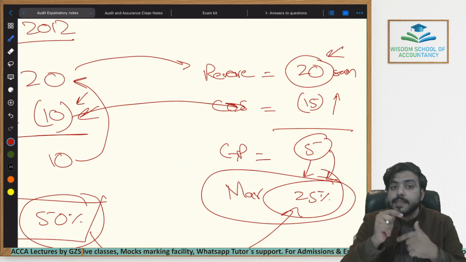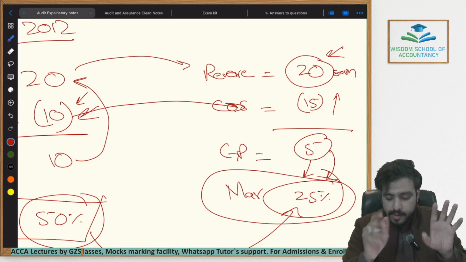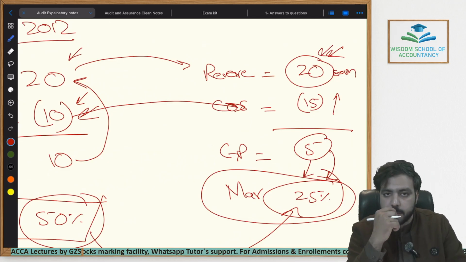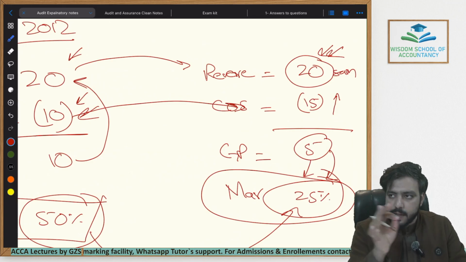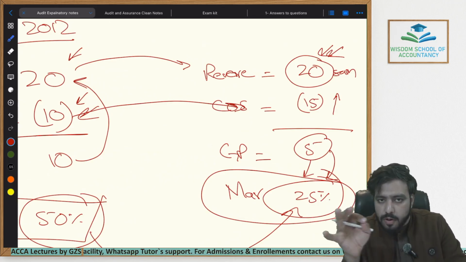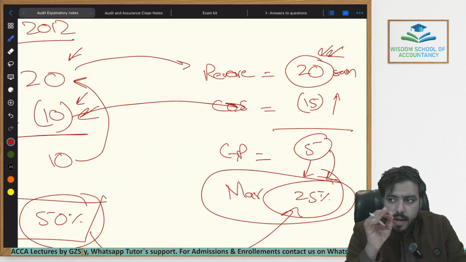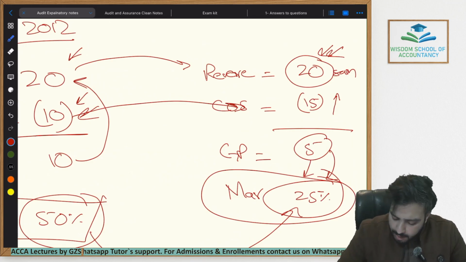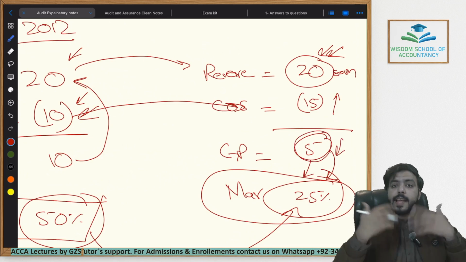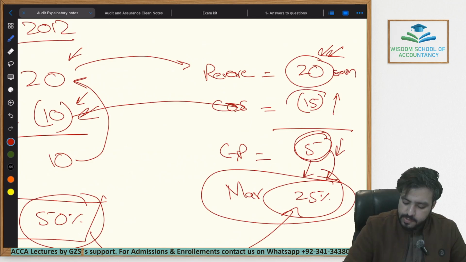And the risk in this case is always, because understand, this was just one product, one item for which we made the financial statements. When we talk about companies, there are thousands of different items that they sell every single year. We are not able to identify, even if the margin is decreasing but still they are making a profit. This means that still the sales price is more than the cost of this inventory item.